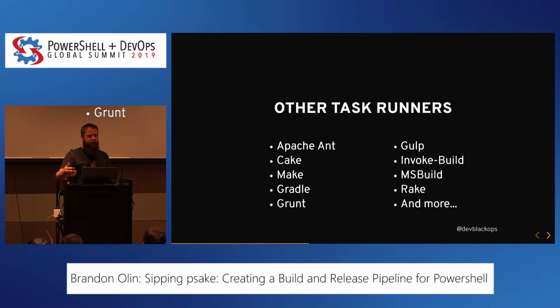You're going to see Ant, you're going to see makefiles, Cake, Gradle, Grunt, Invoke-Build, which is another PowerShell task runner similar to psake, rake for Ruby. So if you see these, just know that they basically are doing the same thing, just in their language of choice. They all have their own little specialties, and some of them have limitations that others don't. But just know that they're basically doing the same thing.